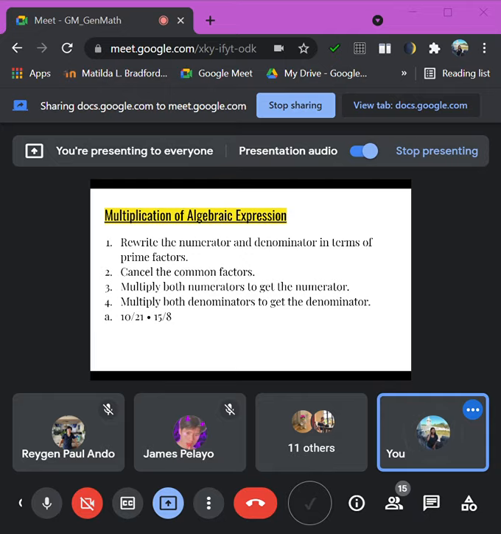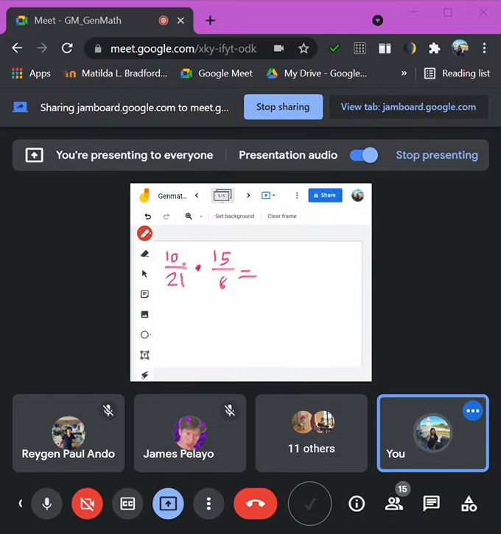So for example, in this one we multiply. 10 times 15, what is the answer? That is equivalent to 150. 150. And then 21 times 8.